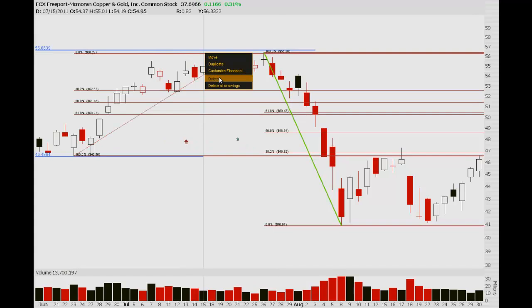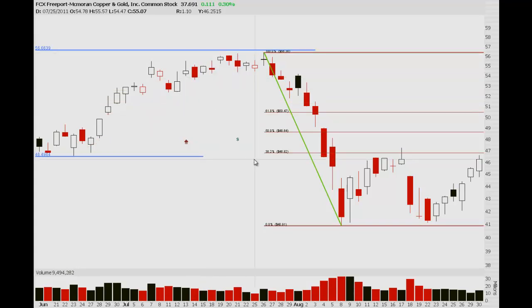So make sure you understand that this is the 38.2% retracement of this entire move. 50% is pretty much in the middle, but depending on how the tool works in your platform, you may have to draw this the other way. In Thinkorswim, this is how you draw it, but I just want to throw that out there for those that are not using Thinkorswim. You want to make sure your retracement levels are in the right direction.